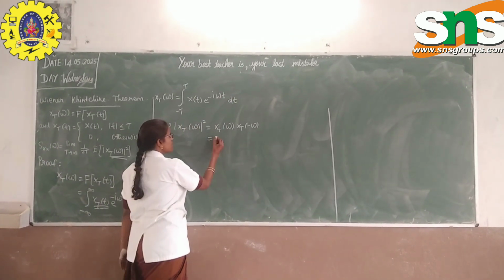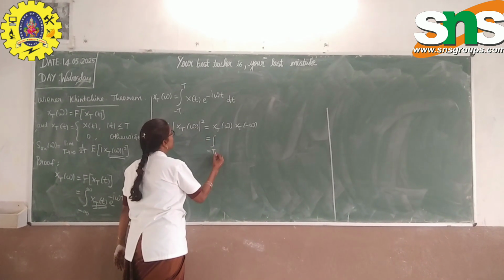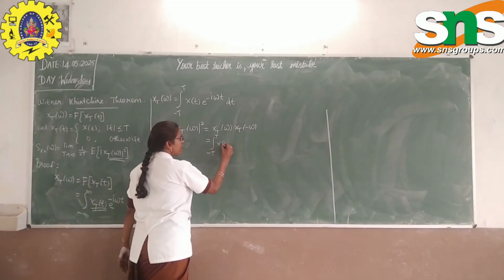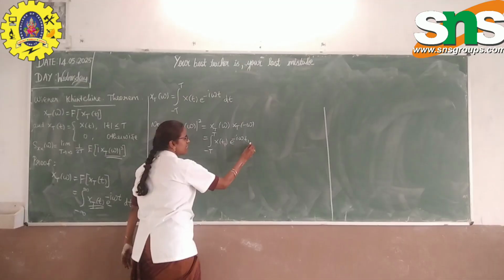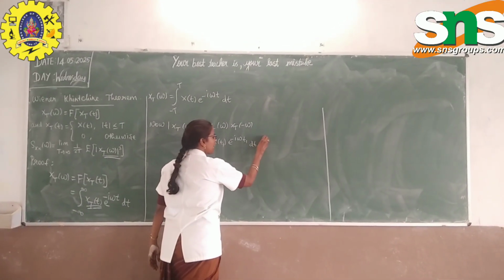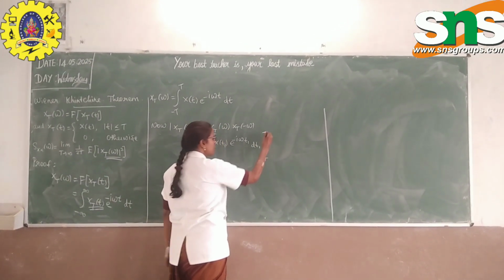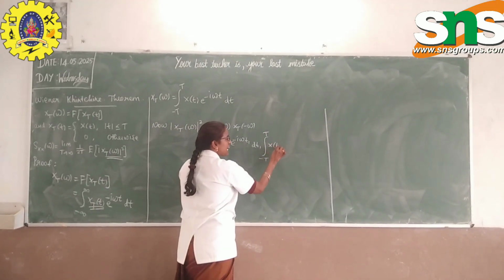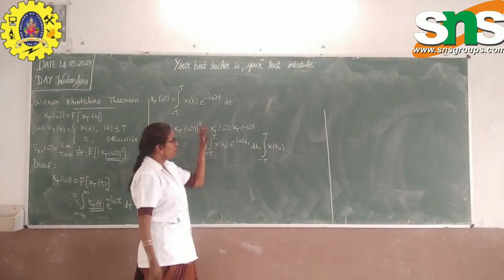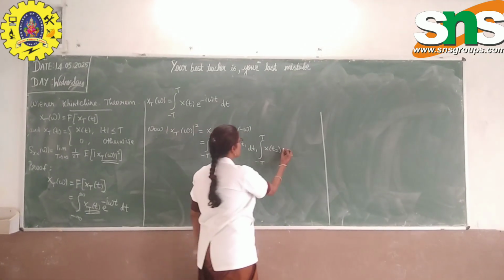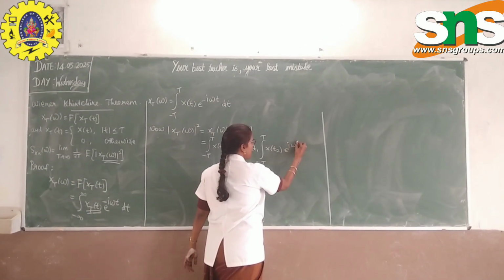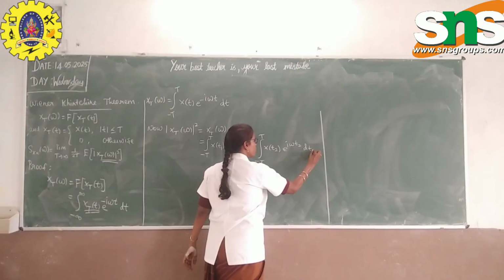The first is the integral from minus T to T of x of t1 e power minus j omega t1 dt1. Then again the integral from minus T to T of x of t2, replacing omega with minus omega, so e power j omega t2 dt2.